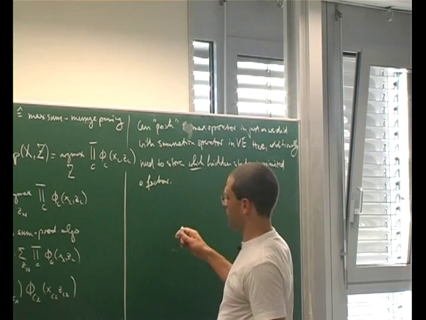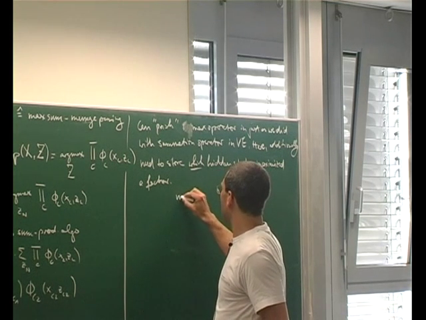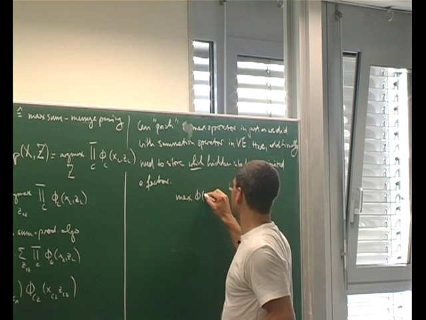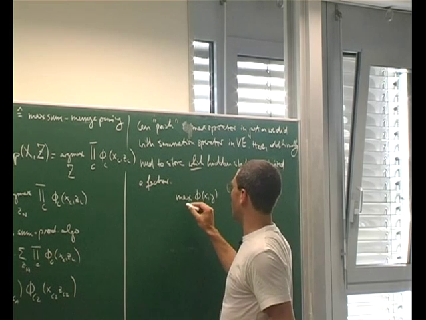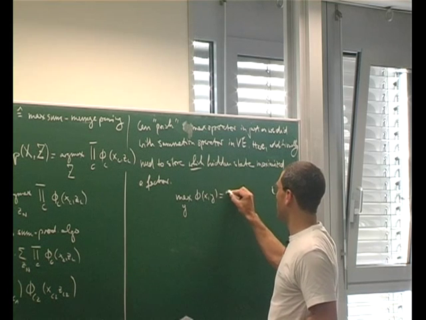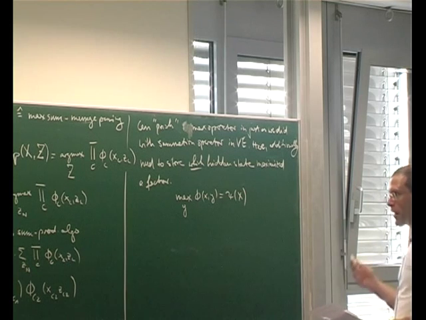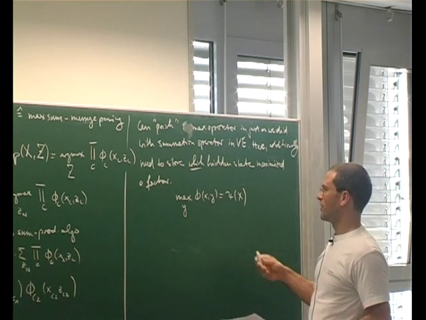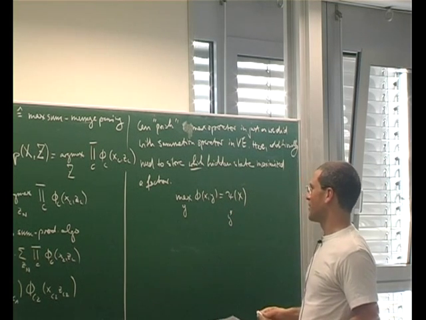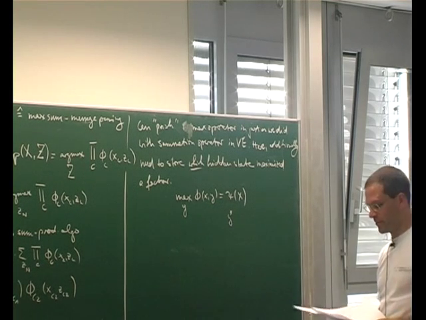So similar to the sum product, if we maximize over a factor depending on x and y, and we only maximize over y, this will give us a new factor which only depends on x, but we need to store in addition the y star that actually gave us this maximum.